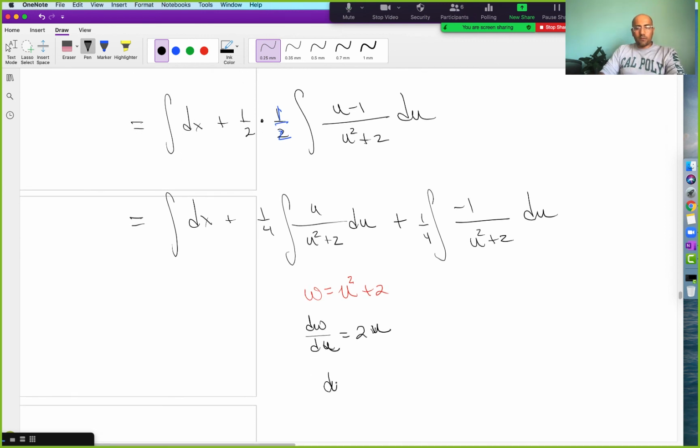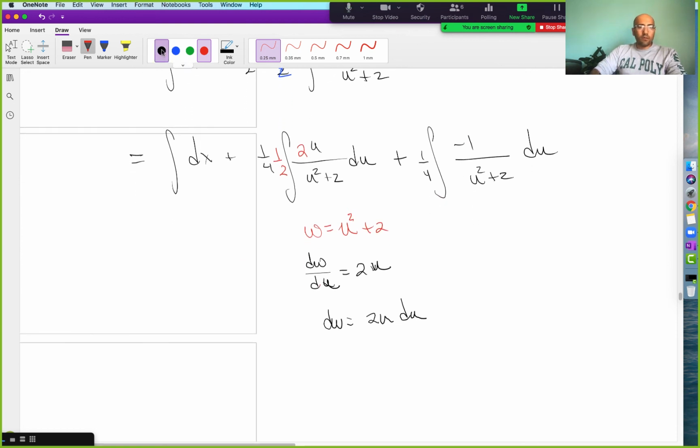So dw equals 2u du. Good. So u du, there's just an extra term of 2 that's missing, so put a 2 there, 2u du, so we have to balance it out with another 2 out there. And this guy we're just going to pull the minus out in front.